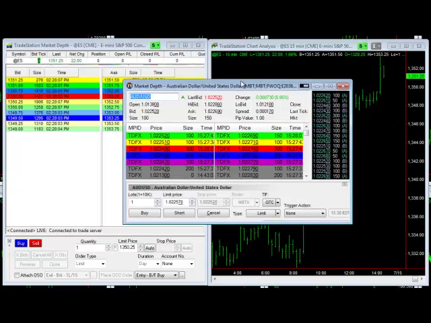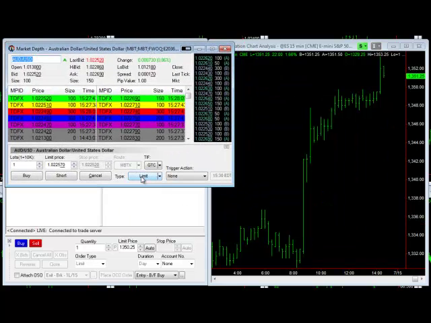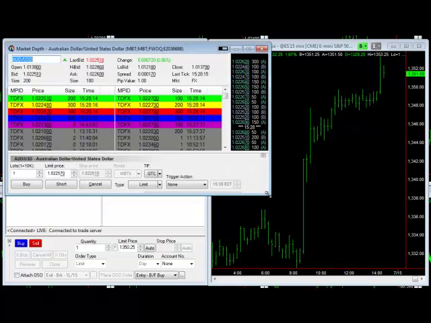All right, let's go back to our Australian dollar. Here we go. Same thing over here. So as I'm looking at this on MB Trading, I can see 1.02251, 1.02269. Here are the trades, right up there at the top. There's the last one.